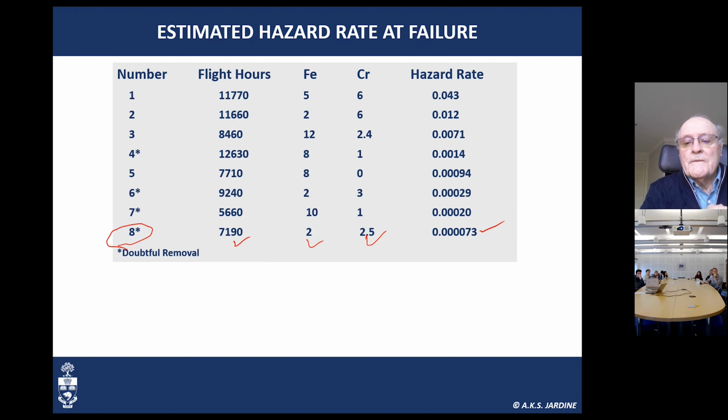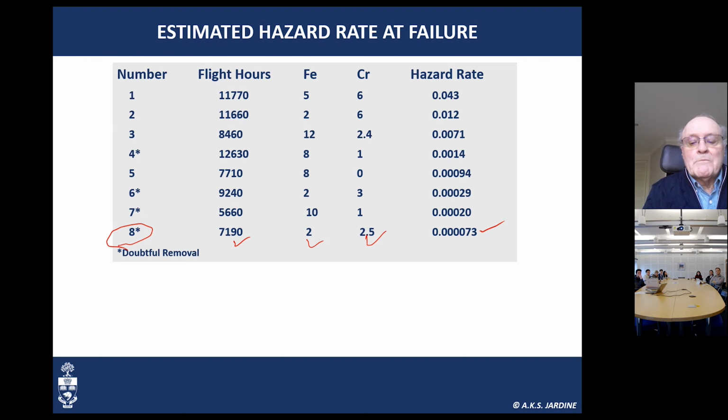Now, what you'll notice is I've got an asterisk against the number 8, because after the fact, we were able to get the maintenance reports from Pratt & Whitney to discover what really was the health of the engine number 8. And Pratt & Whitney said engine number 8 could have been safely left on the aircraft. The others that you see with asterisks on them also, Pratt & Whitney said, could have been safely left on the aircraft. So we were very excited about getting these estimates using a proportional hazard model.